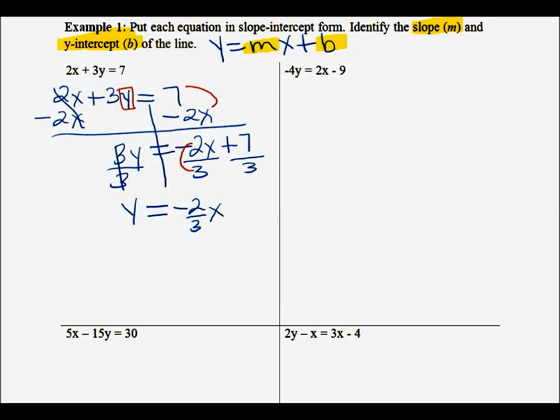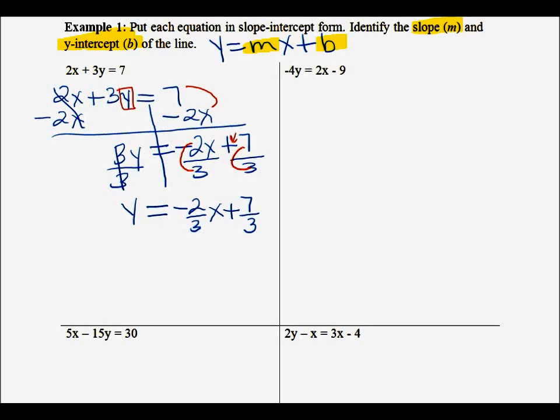I do the same thing for the second number. I say 7 divided by 3, and I also have to look at the sign in front of the 7. That's a plus, so that means that's a positive 7. So positive 7 divided by positive 3, that leaves me with a positive 7 thirds.